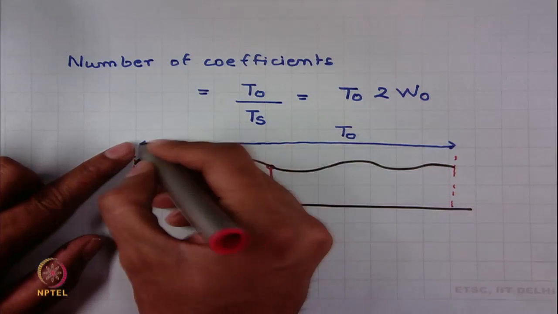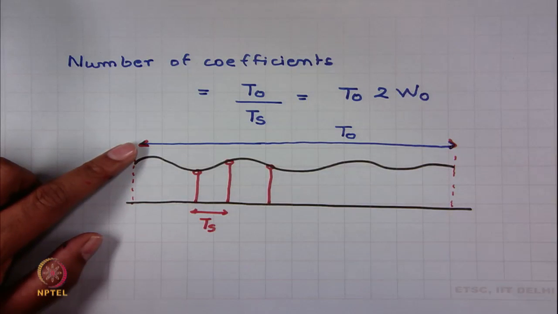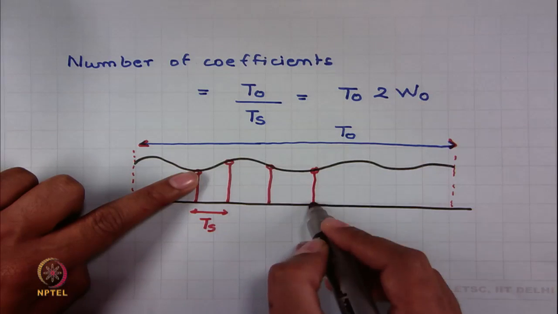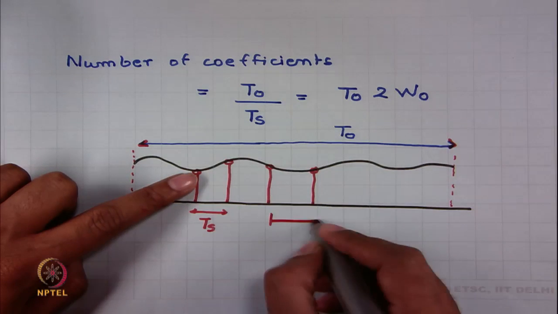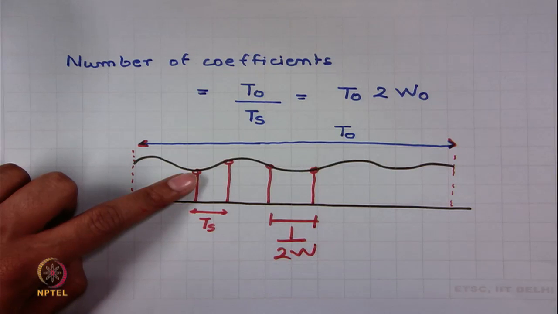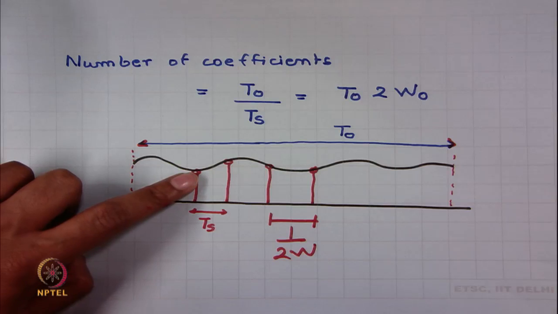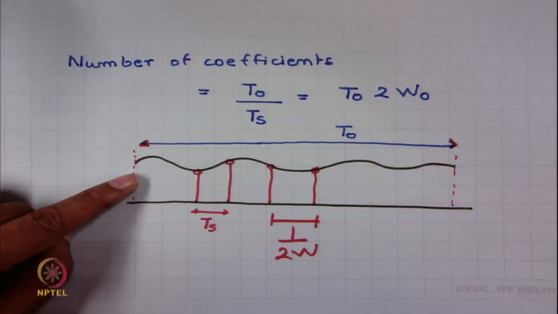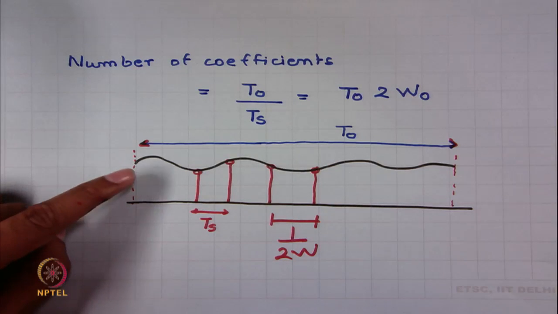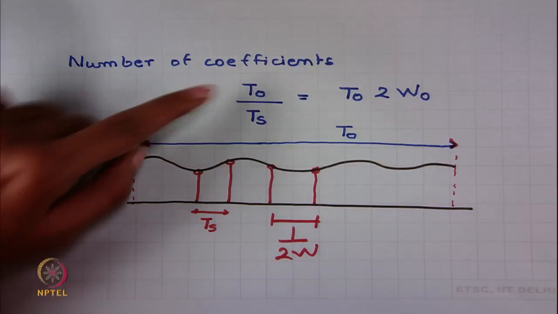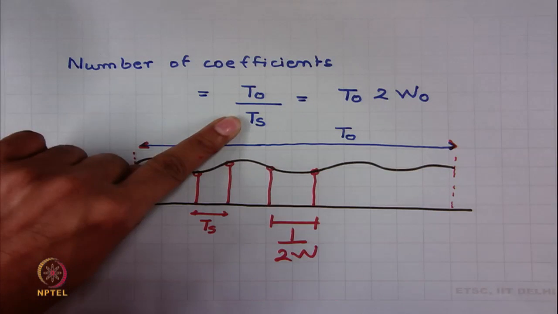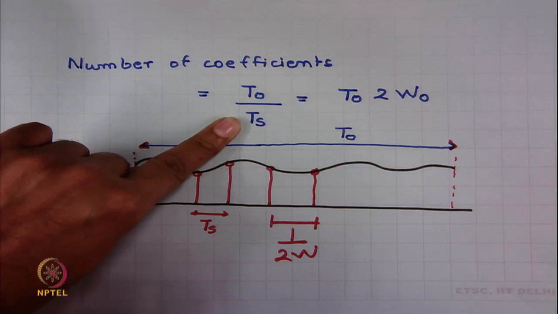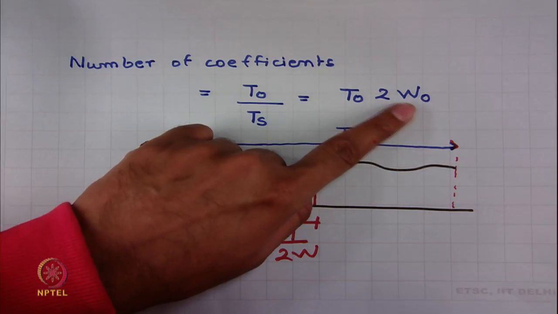If a signal is of duration t naught, and we have already seen that we need to collect samples of this signal at a spacing of 1 by 2w, if w is the bandwidth of the signal, then the number of coefficients sufficient for the representation of the signal can be simply obtained by dividing the total duration by the period at which samples need to be collected, and this number would be 2 w naught t naught.